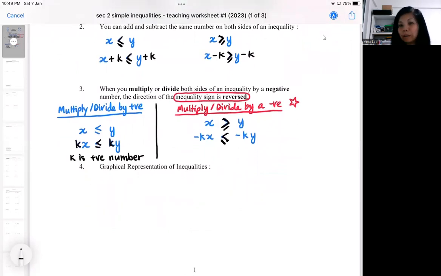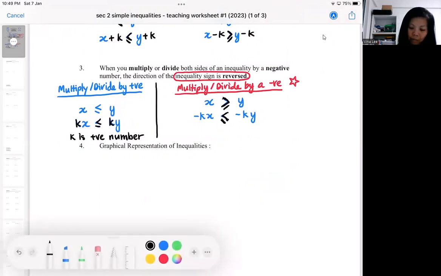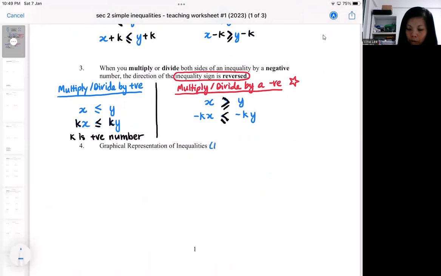You do have to bear this in mind. This one is like the foundation where you deal with inequality. So we're going to represent the inequalities on a number line. Follow very closely. So for example, x is less than k.